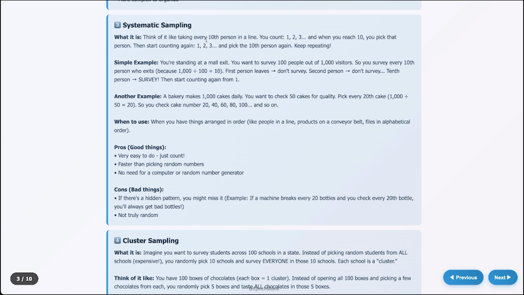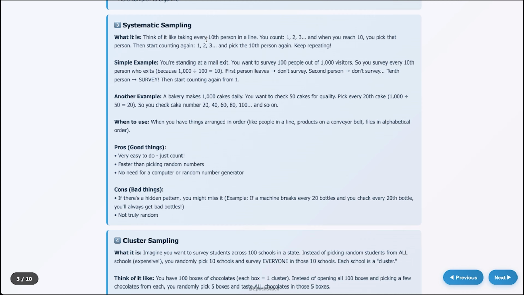Let me explain an example. Suppose you are standing at a mall exit and you have to survey 100 people out of 1,000 visitors coming to the mall. So what you will do is survey every 10th person who exits the mall. In that case, you will get 100 surveys for the 100 people.